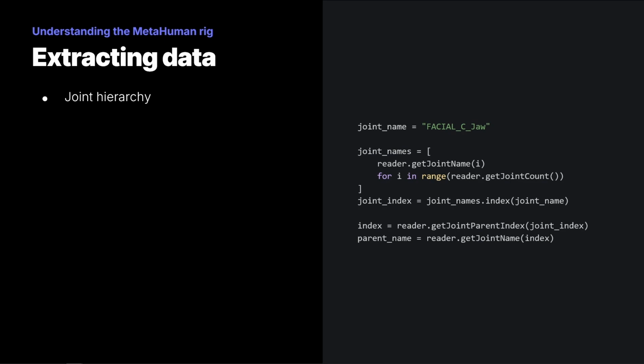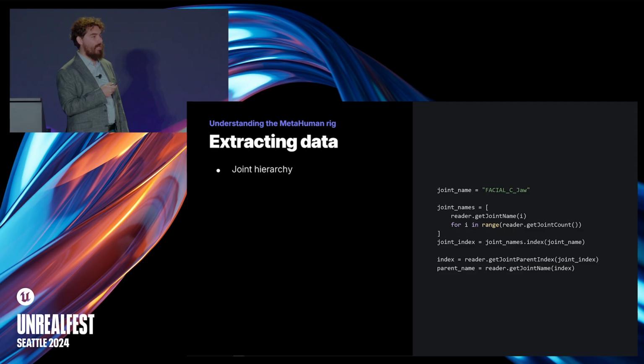And then I can use the getJointParentIndex method to get the index of its parent joint and then finally get its name. You can use this code snippet to extract maybe pairs of parent-child joint names, if that's what you need.